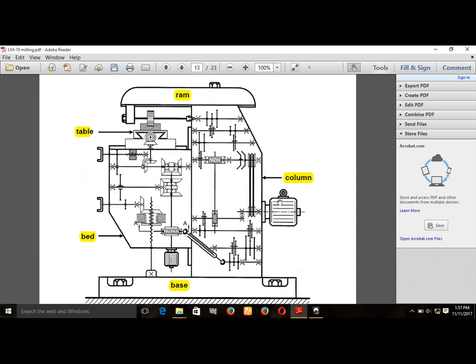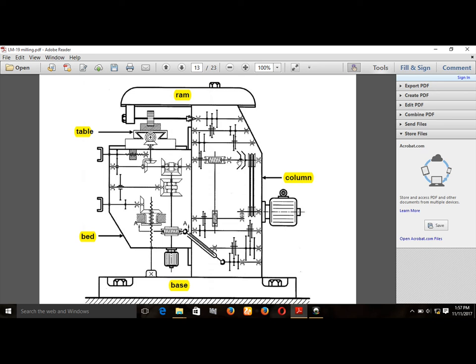From the main motor, through the belt and pulley, this motor supplies its rotary motion to the speed gearbox with the help of this pulley and this belt, and the power is transmitted to the speed gearbox through this belt and pulley and a safety clutch.